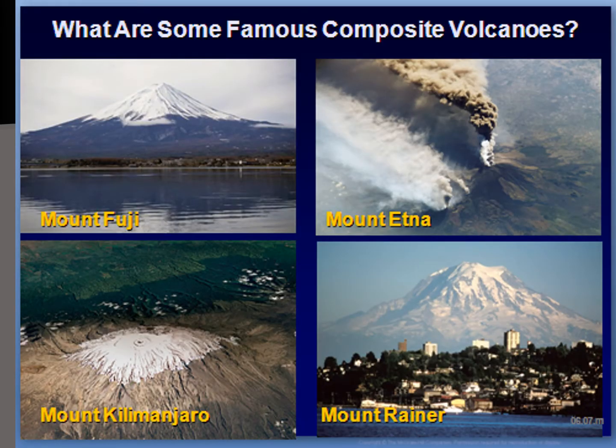Okay, so some famous stratovolcanoes. Over on the left, top left, that's Mount Fuji. And that is near Tokyo, I believe. In some parts of Tokyo, you can look out the window of your hotel and see beautiful Mount Fuji. Mount Etna is in the top right. Mount Etna is different.